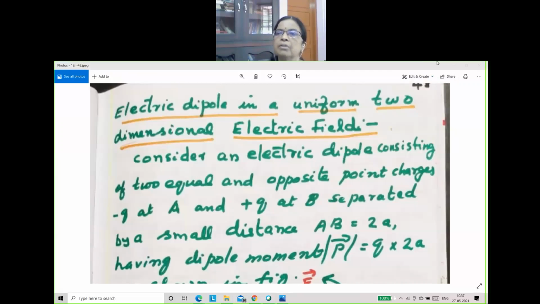See, heading you see, electric dipole in a uniform 2-dimensional electric field. When a dipole is kept in a uniform 2-dimensional electric field, what will happen to it? What is its behavior when it is kept in a uniform electric field? That's what we have to find out. Okay, I will show you the video, children.